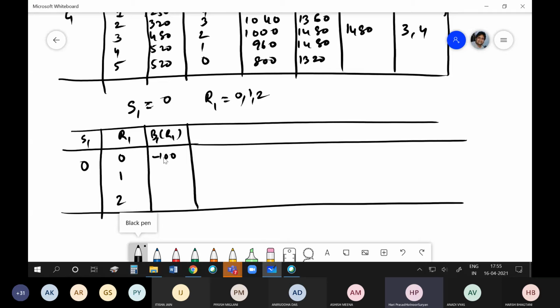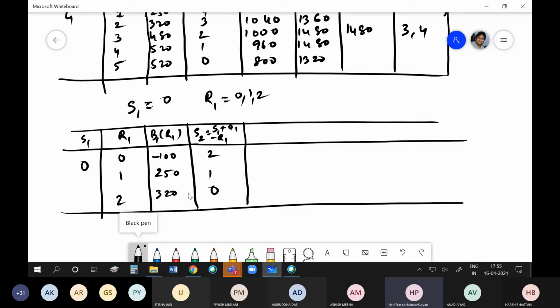Minus 100, then 250 and 320. So what will be S2? S2 will be S1 plus Q1 minus R1, isn't it? So this will be 210.